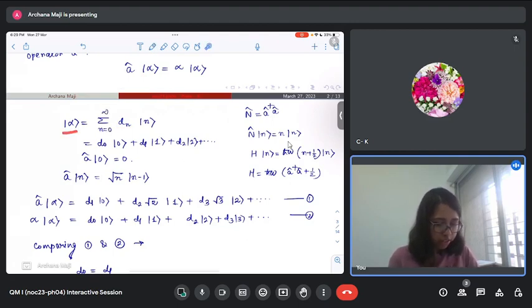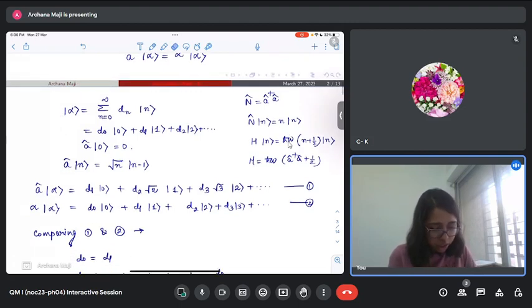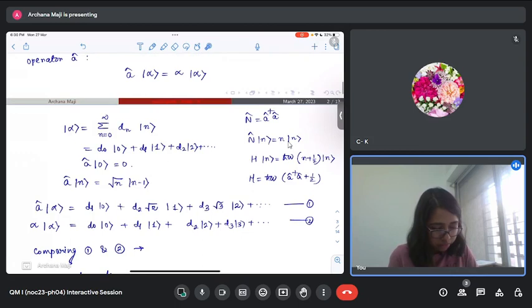So the ansatz that we are taking is this, and it can be written in this way: n starts from 0 and goes in integer steps, so d0 ket 0, d1 ket 1, and so on. This particular state we replace in the equation, act with a on ket alpha, and equate it to alpha ket alpha. That's what we are doing here.